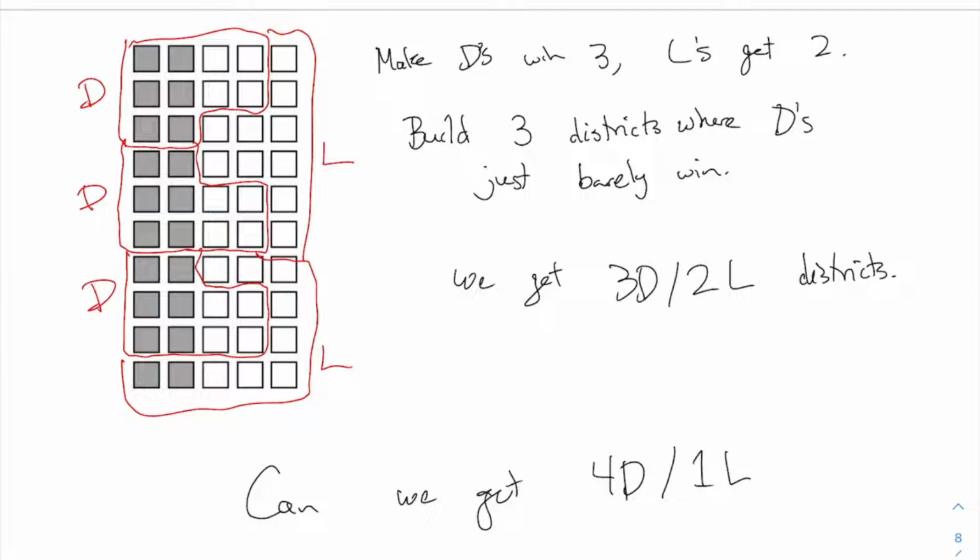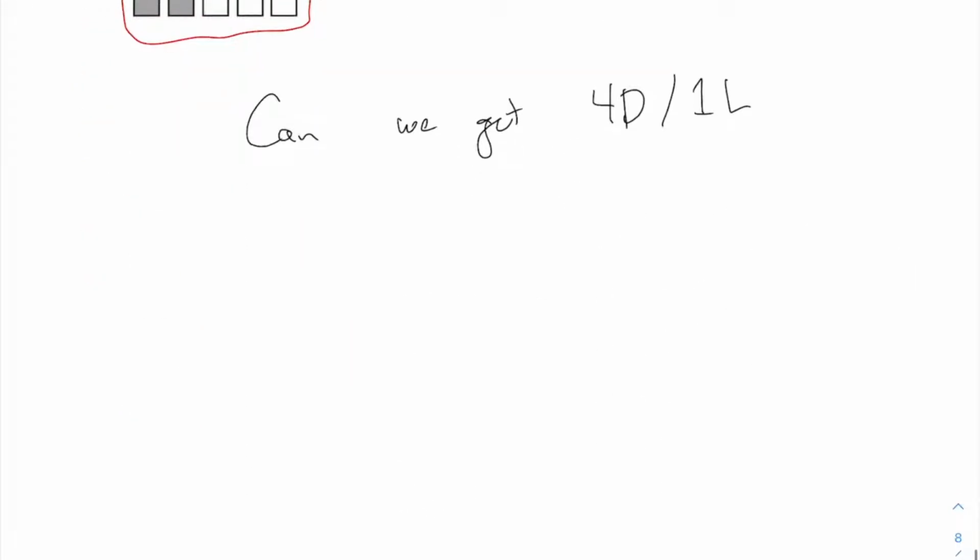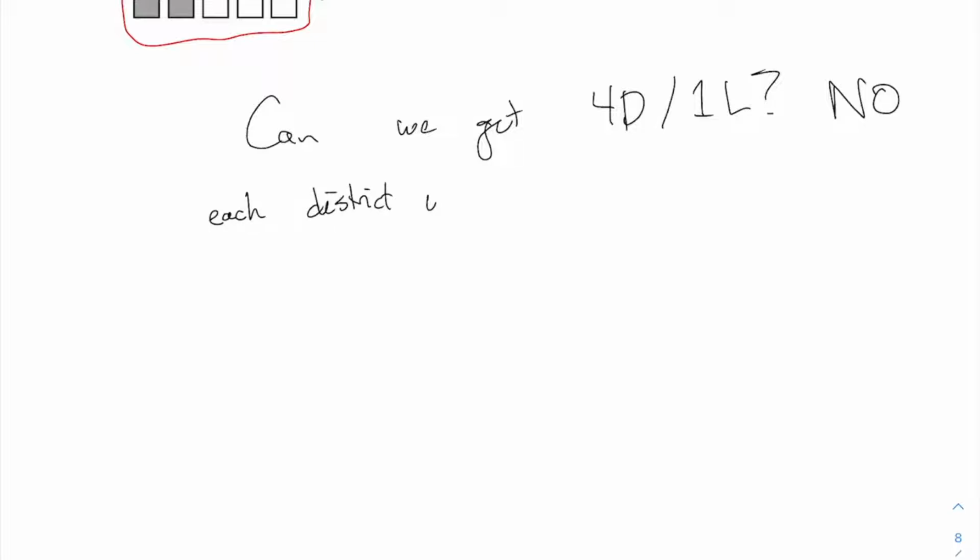Yeah. No, why not? Because they just don't have enough voters. Yeah, there just are not enough Ds to get to 4 districts. All right, so the answer to this question is no. That's because, remember, each district needs 6 to win, right?